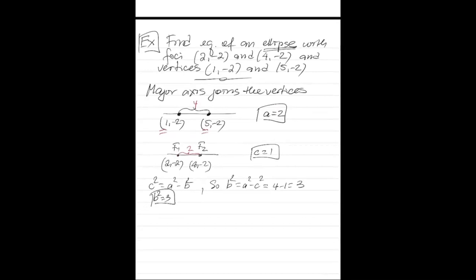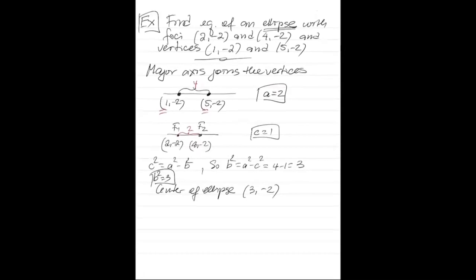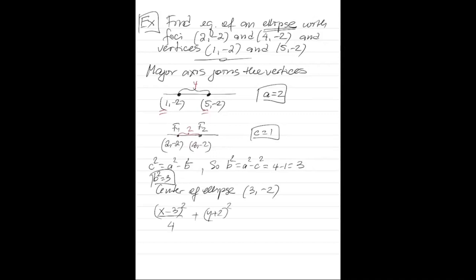The center of the ellipse is at 3, -2. So the equation now becomes x minus 3 squared over 4 plus y plus 2 squared over 3 equals 1.